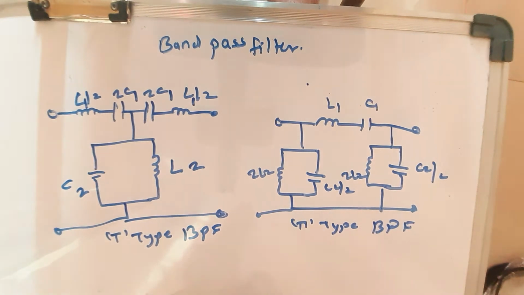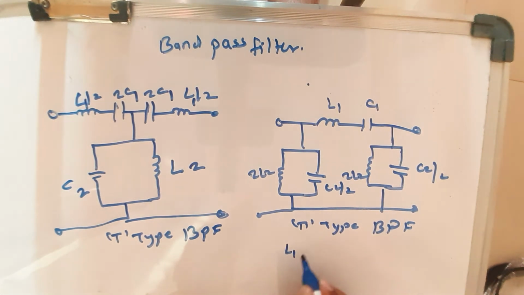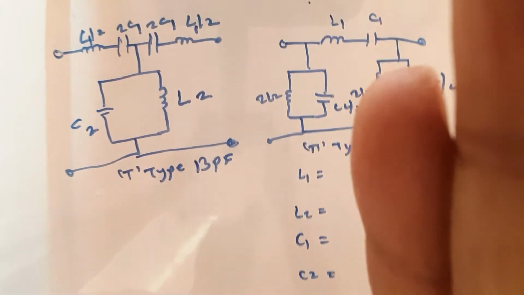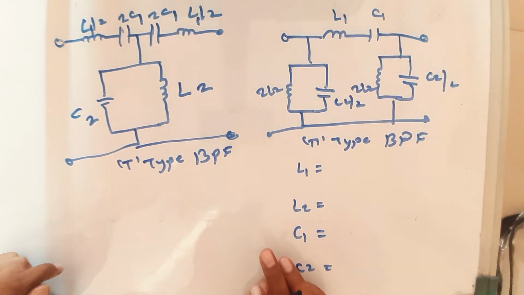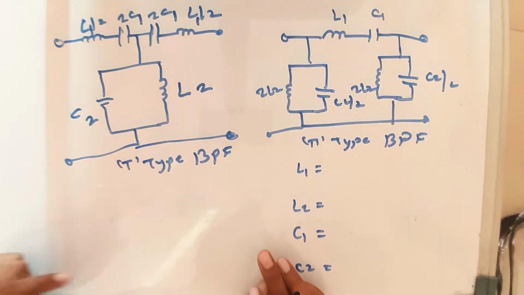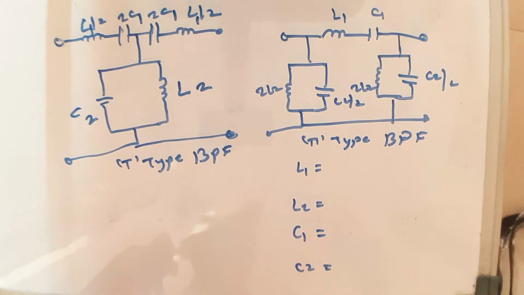Okay, now we will see what is the formula for L1, L2, C1, C2. We will check the formula because we have to design this particular band pass filter of T type and pi type.